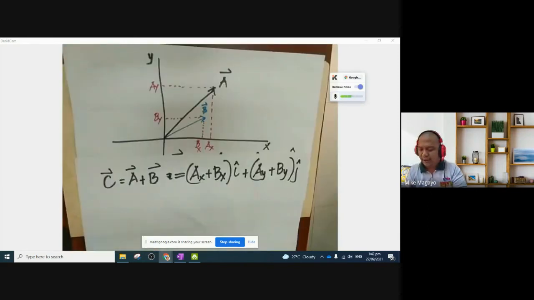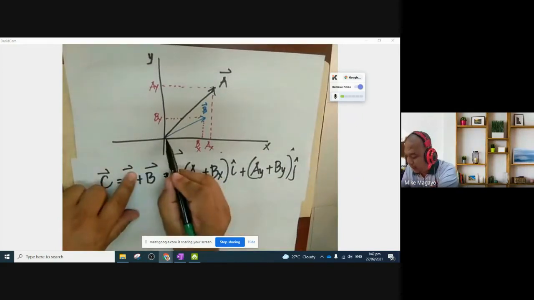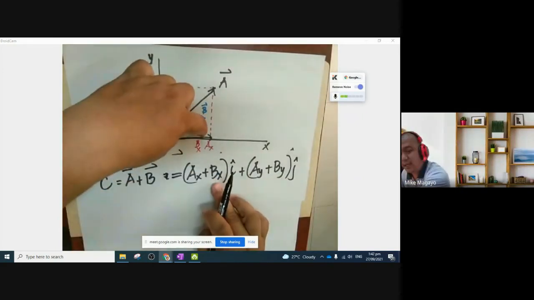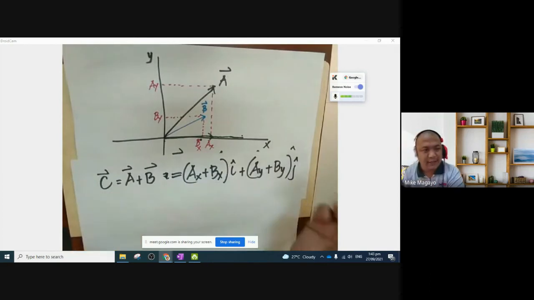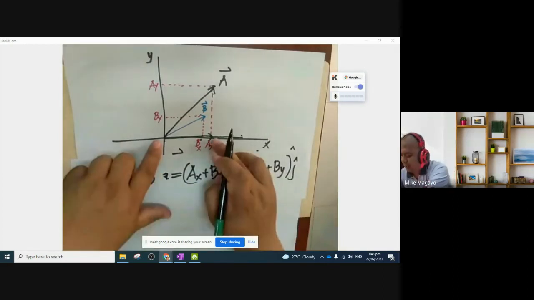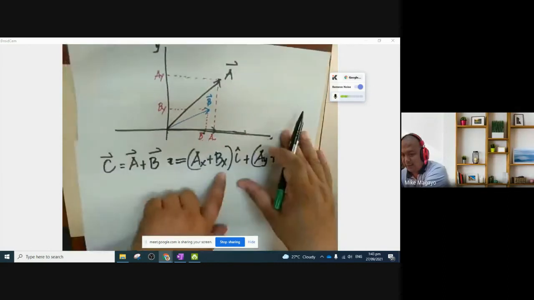You have to determine AX. This is the length AX. Here, this is B. From here to here, your BX is, if you're solving this geometrically, you have to use a ruler. You add the same length of B and add that where the A ends. That's the meaning of this expression.